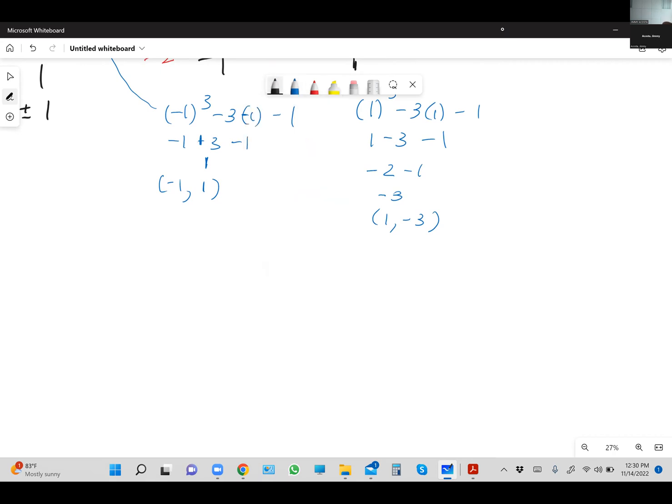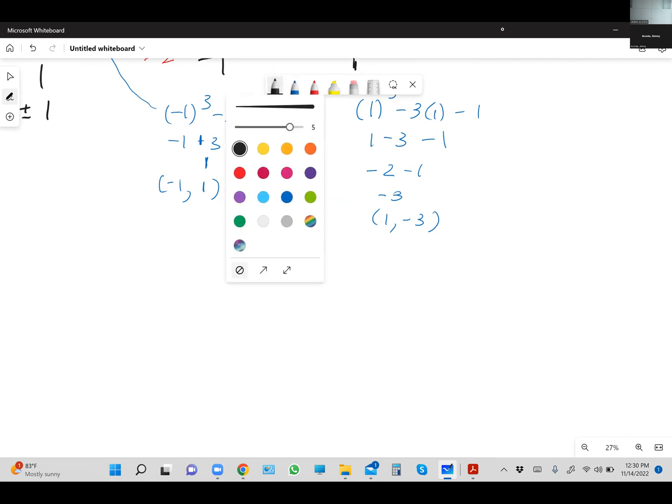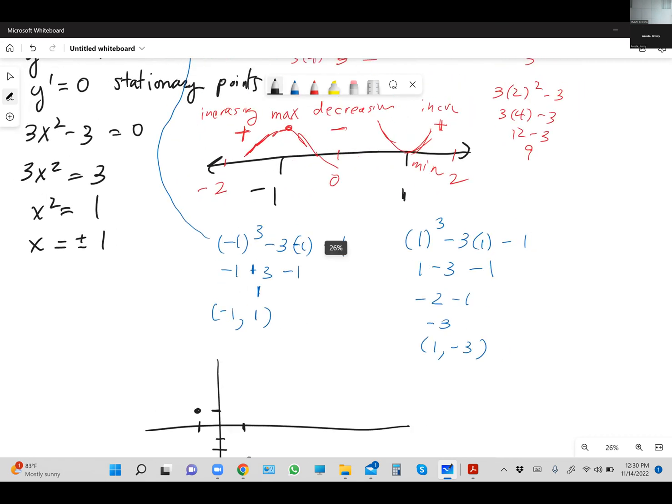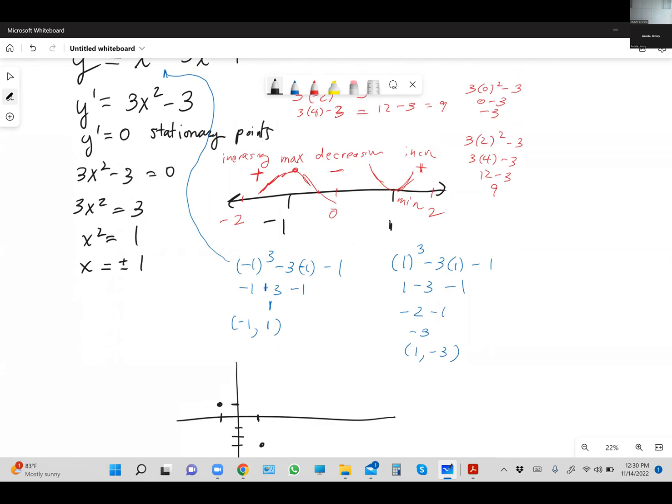And so now let me make a brief sketch. We have (-1, 1). We have (1, -3). If we put 0 at 0, we have -1.